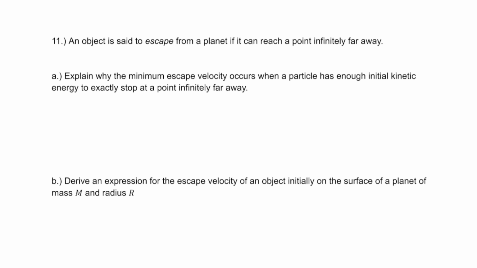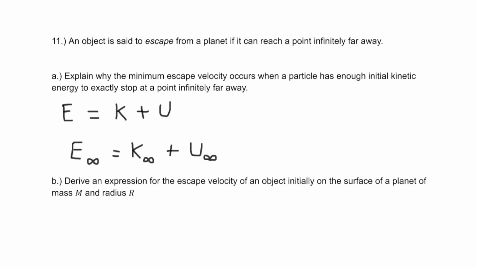So why does this occur when you have enough kinetic energy to stop at a point infinitely far away? Well, energy of the system is equal to kinetic plus potential. So we're going to say the energy at infinity is equal to the kinetic energy you have at infinity plus the potential energy you have at infinity.